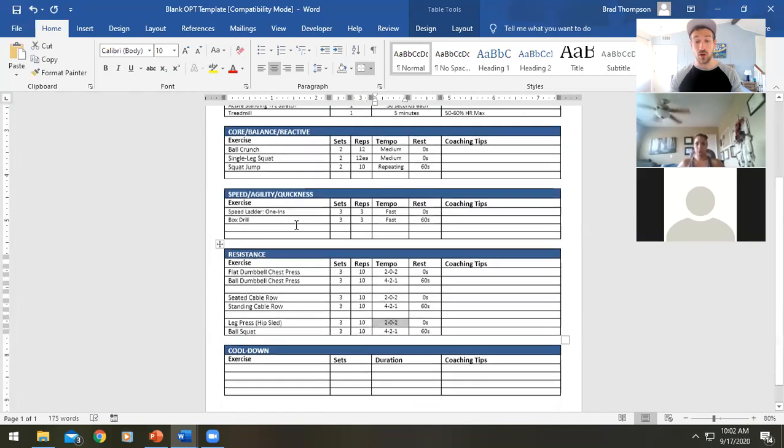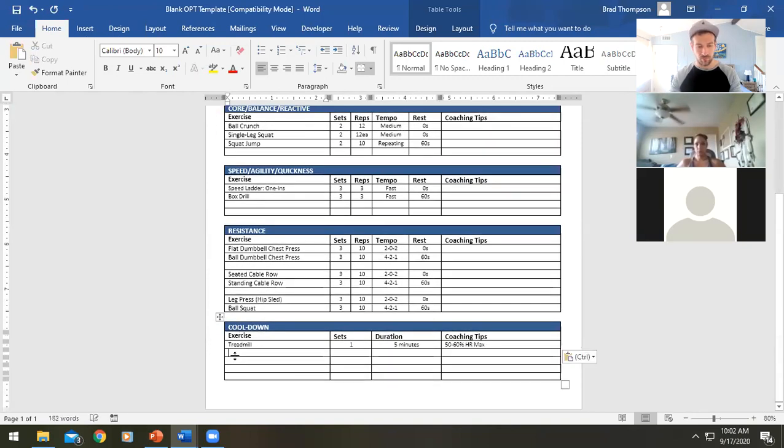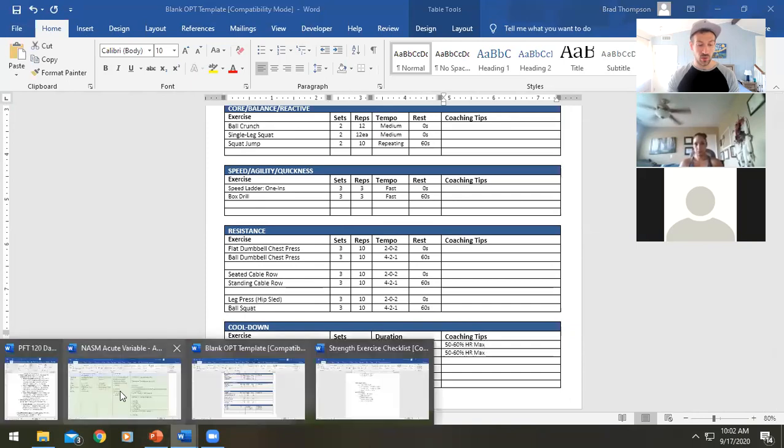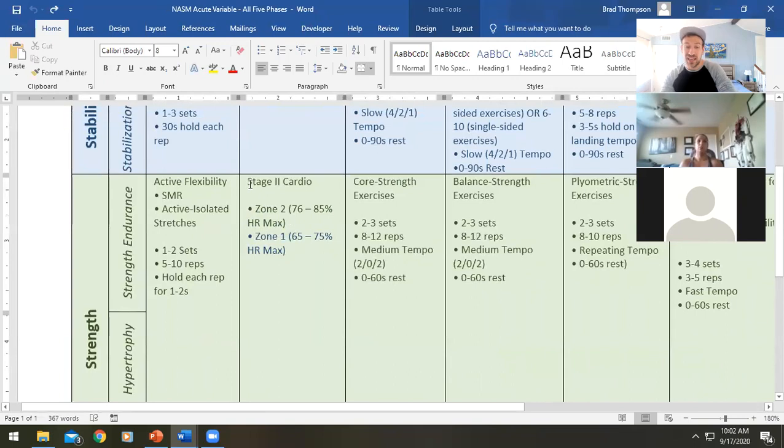Now, just like before, I'm going to do a double treadmill. They're going to do, let's say, another 20 minutes. But this time, they are going to be in zone 1 and 2. So now we are doing a stage 2 cardio routine with our client.